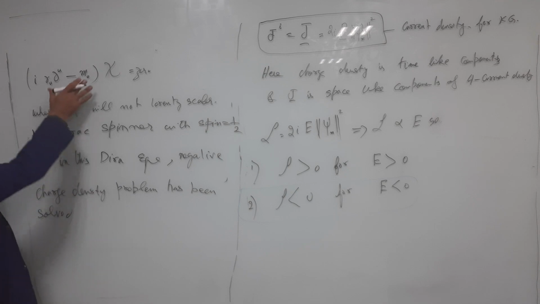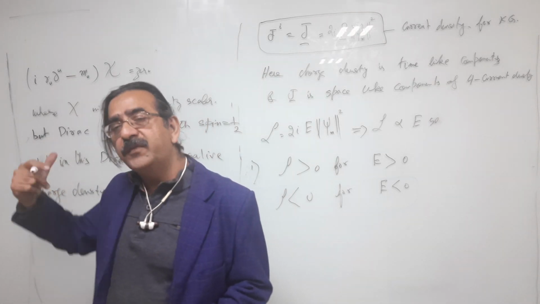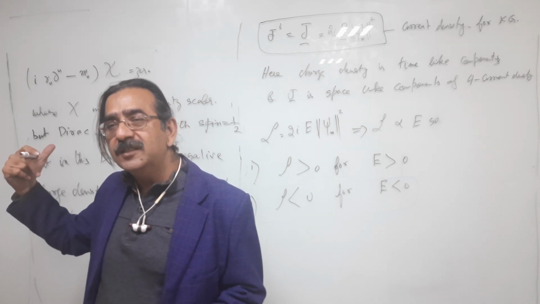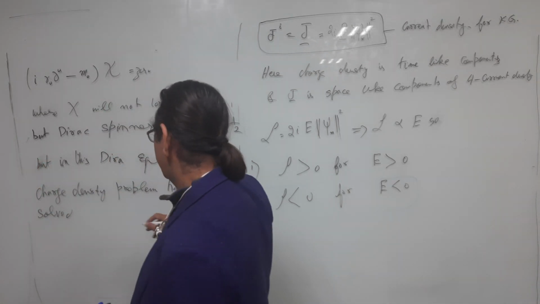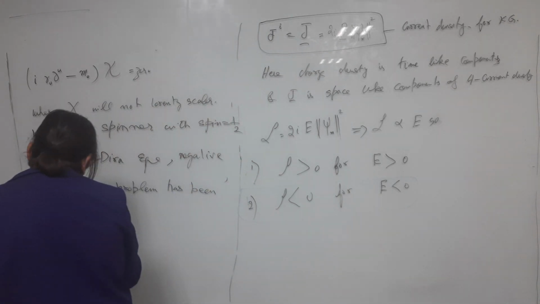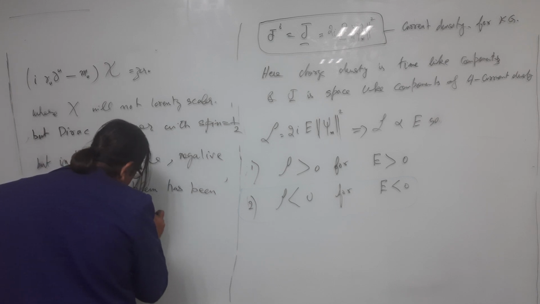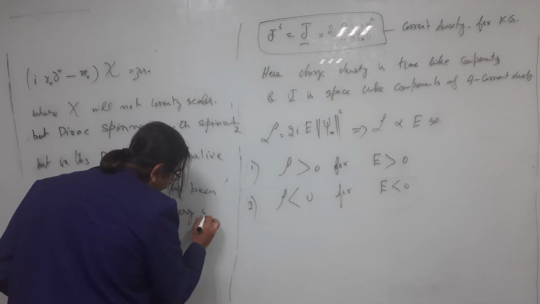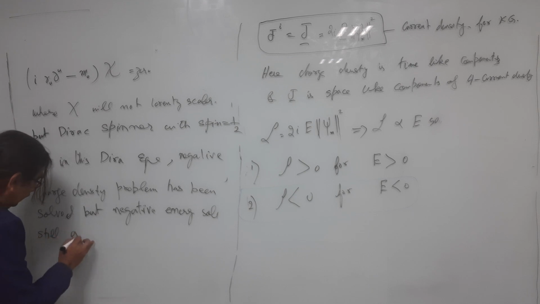Means from the solution of this equation, we will find the charge density, and we will prove that the charge density will be positive. But the negative energy solution still exists.